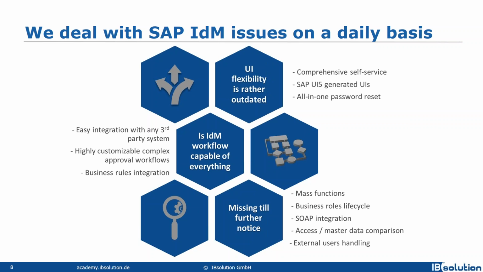Okay, then once in a while we would like, of course, to make quick checks if really our IDM and our HR system, for example, are in sync, or maybe we have missed some error log and at some point of time our users are not in sync anymore.